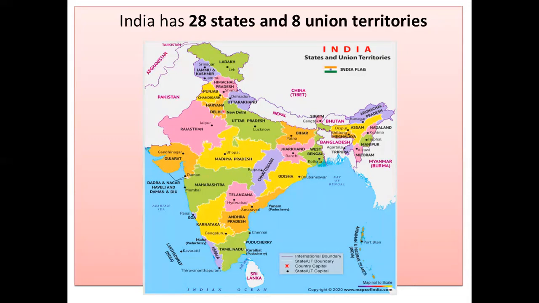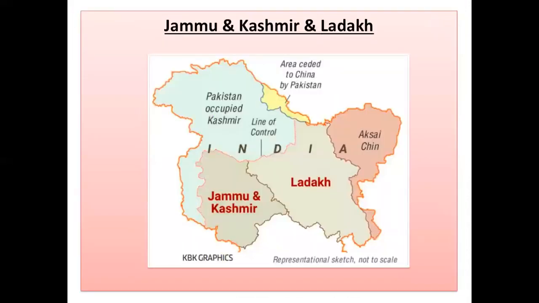Now let's see the different locations of the states. To make it easy, I have put them in different parts so that it becomes easy for you to remember and learn. So the first one is Jammu and Kashmir and Ladakh.